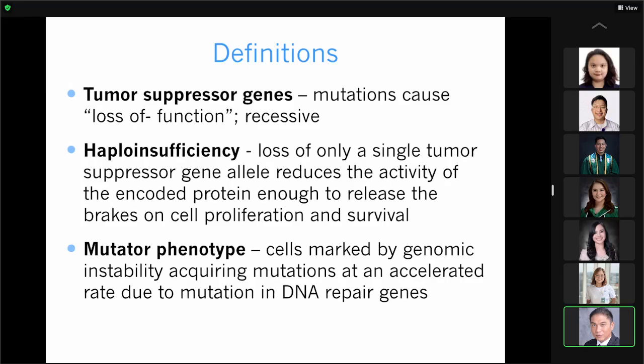So haploinsufficiency, define lang natin. In haploinsufficiency, there is loss of only a single tumor suppressor gene allele, and this reduces the activity of the encoded protein enough to release the brake on the cell proliferation and survival.